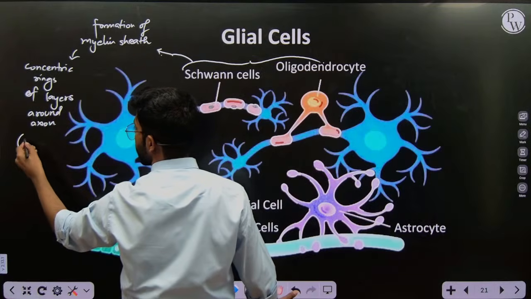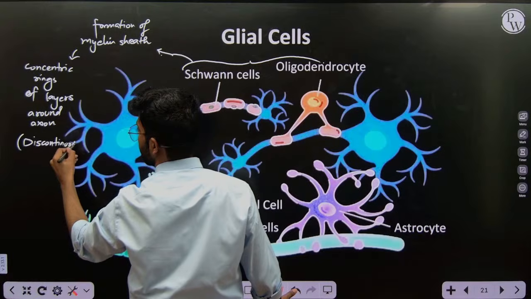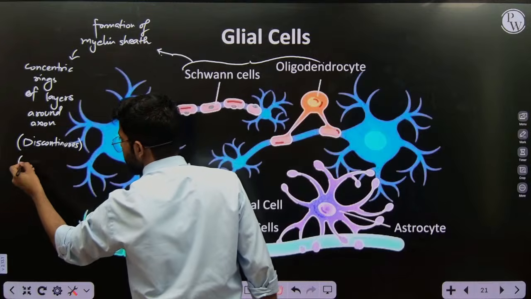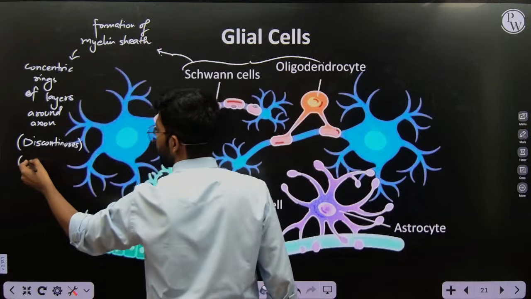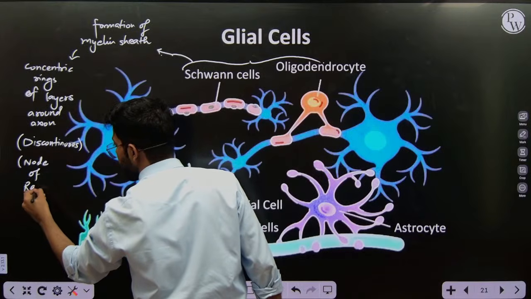And this is not continuous, it is discontinuous. And where it is absent, we can say the node of Ranvier is present.